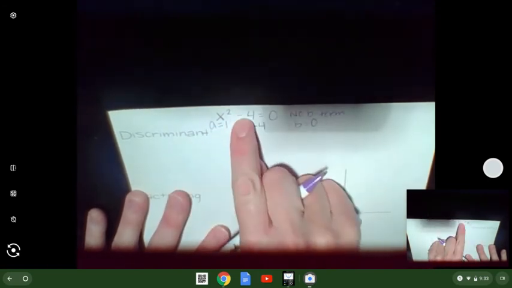No B term really means B is 0. And C is our constant, the number that stands alone. Pay really close attention, there's a negative in front. So C is -4.